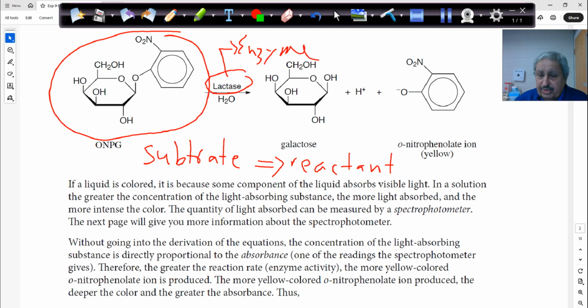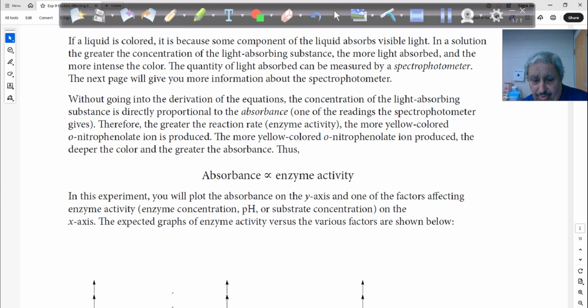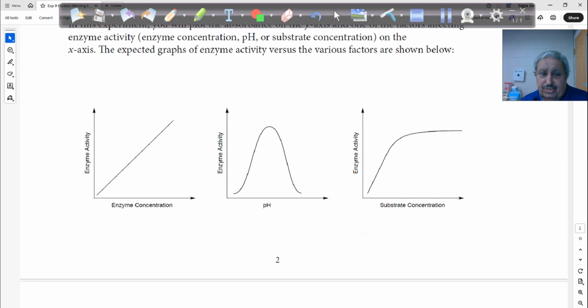So let's do first the effect of the enzyme concentration on its activity. As you will see, the higher the enzyme concentration, the higher the activity. That's always, even the catalyst. So let's take the first one here.